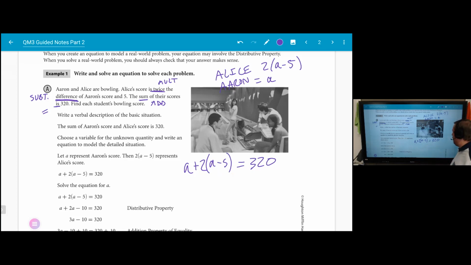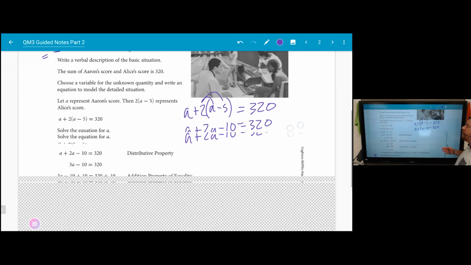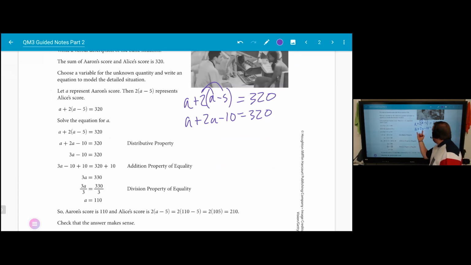We know how to do the distributive property. A plus 2A, 2 times A. This is essentially 2 times negative 5, so minus 10 equals 320. We need to simplify like terms. I've got things with A's, so this would be 3A minus 10 equals 320.